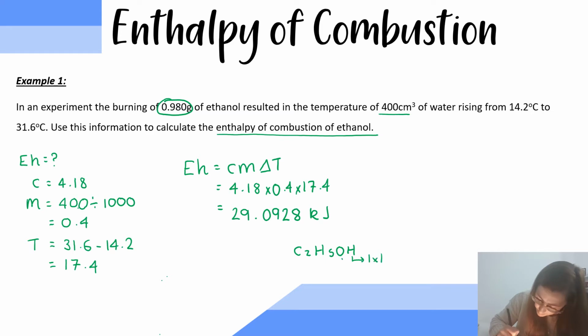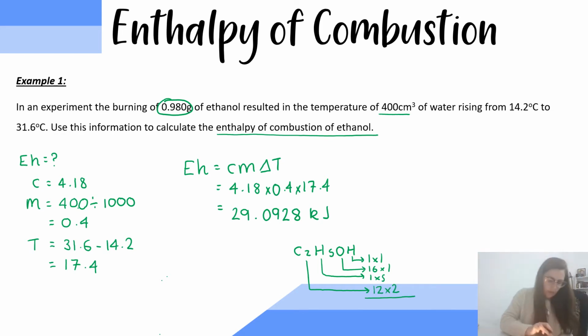One hydrogen, 16 is the mass of oxygen, 1 times 5, and then we've got 2 carbons. So 1 plus 16 plus 5 plus 24 is 46. So the mass of 1 mole of ethanol is 46 grams.